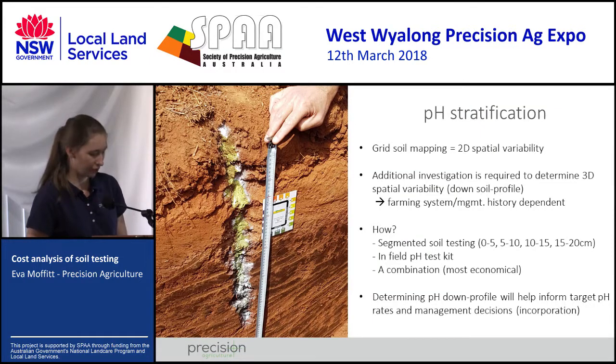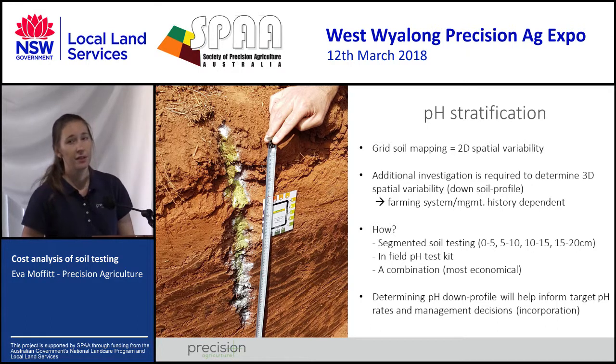Before I go any further, just a note about pH stratification. A grid soil map is only going to give you a 2D map of the spatial variability of the paddock. So additional investigation is required if we want to determine our 3D spatial variability, i.e. down the soil profile.